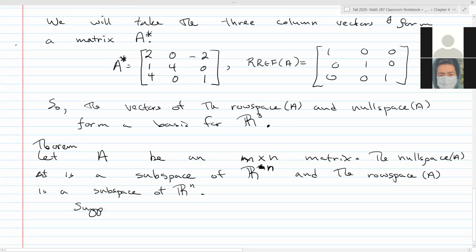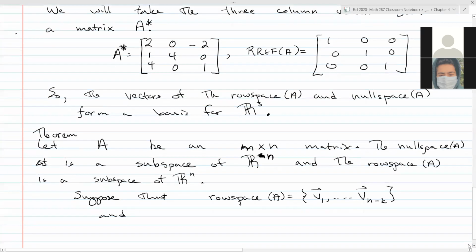Suppose that the row space of A equals span of V1 to Vn minus k, and the null space of A, not column space, equals span of V n minus k plus 1 all the way up to Vn.